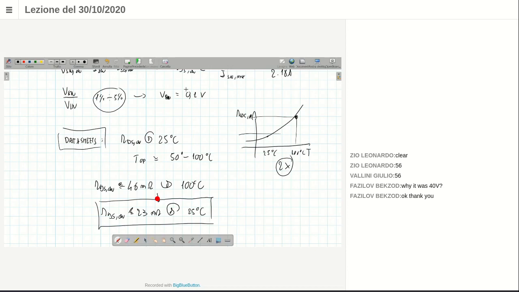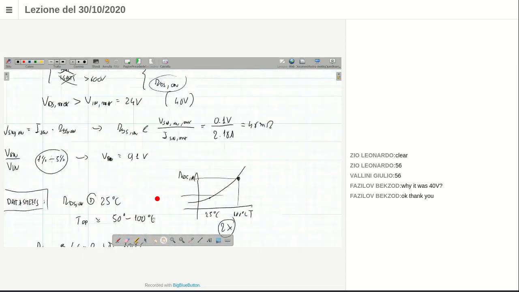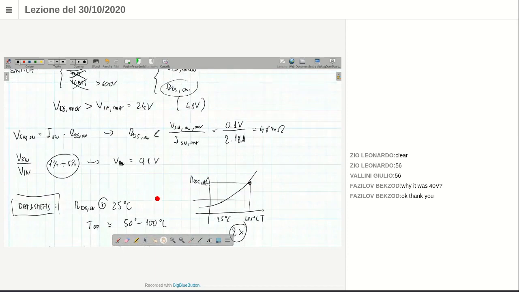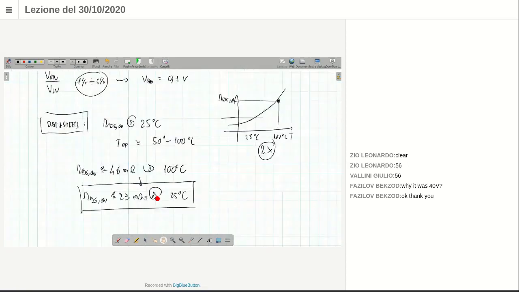Okay, and basically you have to look in the catalog for an MOS transistor with VDS maximum larger than 24 volts and RDS on smaller than 23 milliohm.